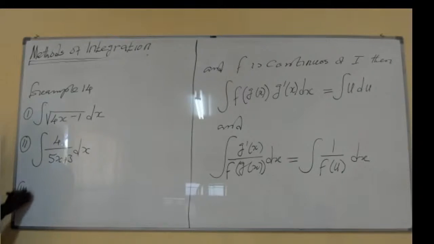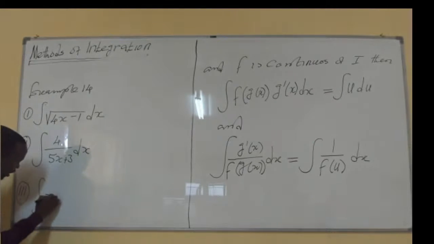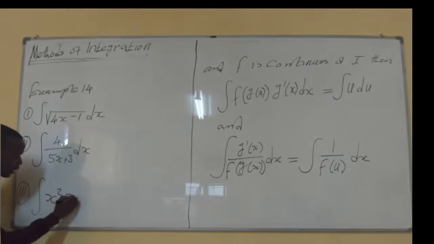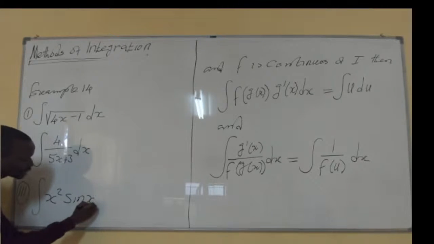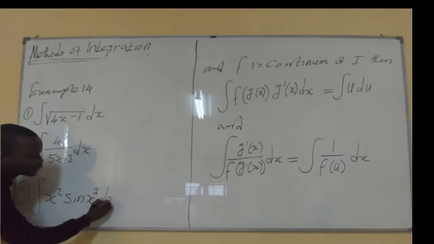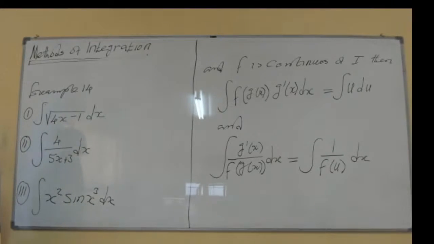The third one is the integral of x squared times the sine of x to the power 3 with respect to x. Please, the choice for u is very important in these questions.